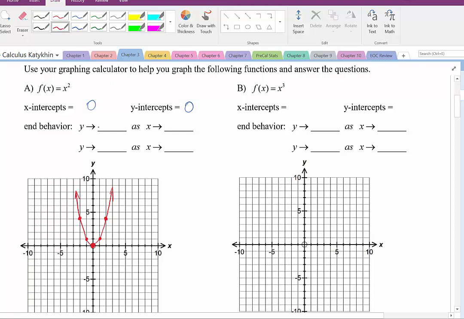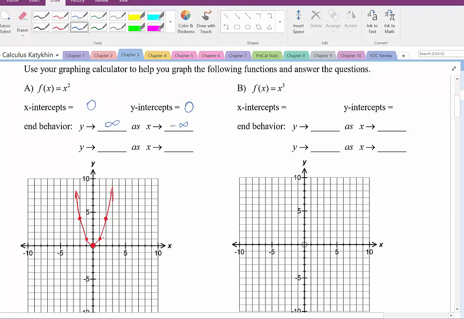Now as you can see, if we look at what's going on, as y goes to positive infinity, x goes to negative infinity on this left side. So notice that x is going to negative infinity here.